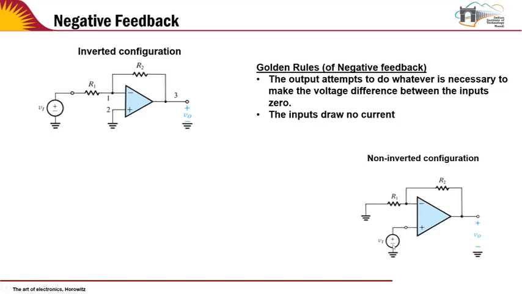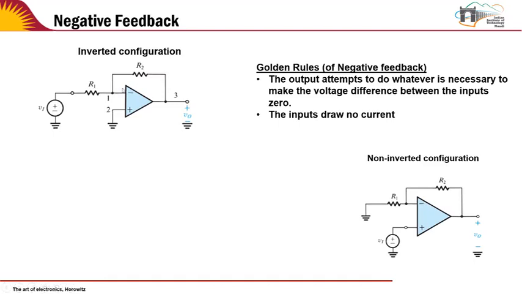Here the input is given to the positive terminal and the negative terminal is connected to ground. But remember, both of these are negative feedback, because the output connecting to the negative terminal is negative feedback. Inverted means the input is given to the negative terminal, and non-inverted means the input is given to the positive terminal. So it's a combination of the input and the outputs.